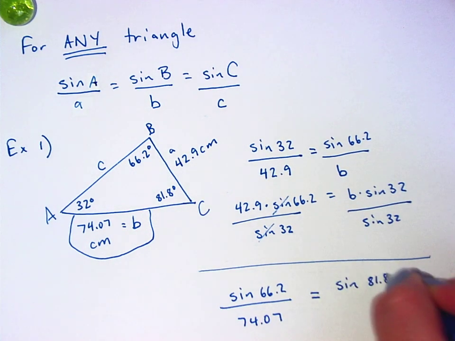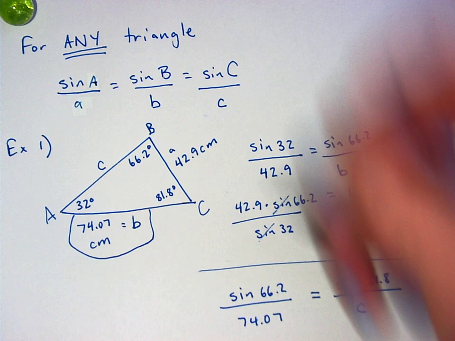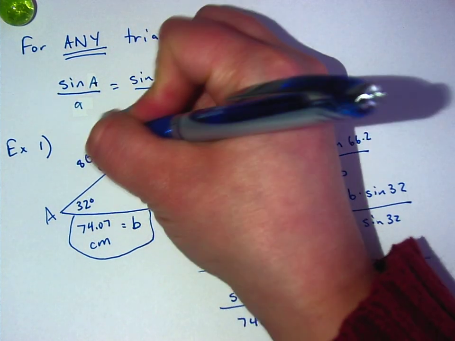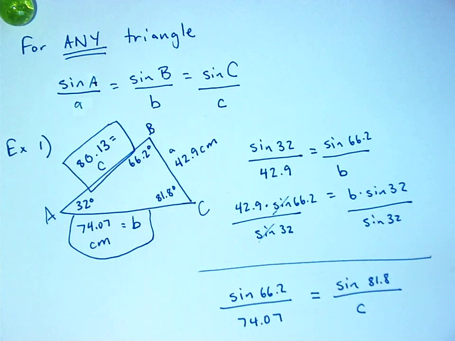Sine of 81.8 over little c. Cross multiply and solve. I got 80.13.